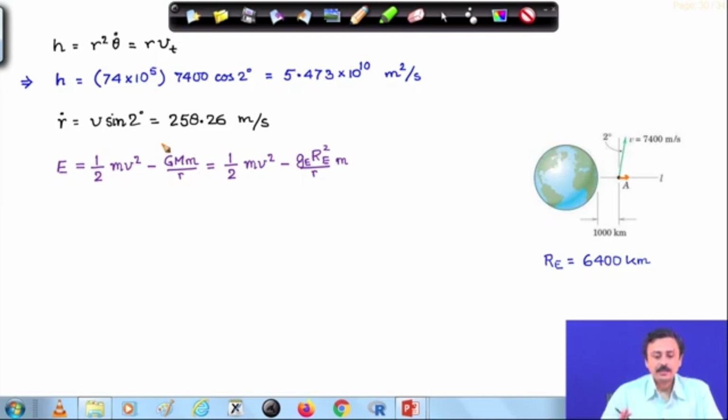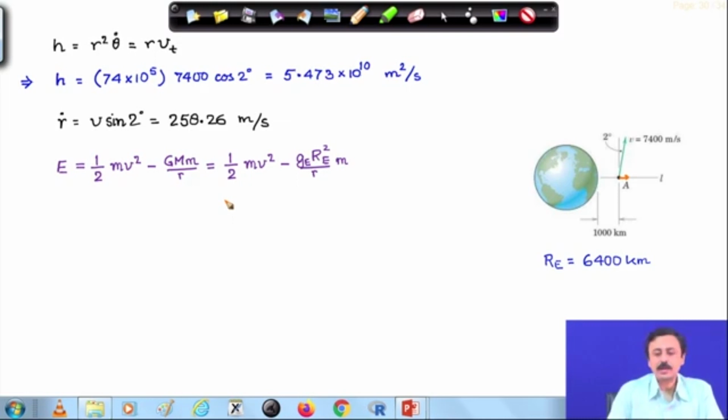Therefore, we have first calculated this constant angular momentum per unit mass h, and we have calculated r dot, and we definitely know v t. We can now substitute in this expression of energy and calculate the eccentricity of the path. For example, we find out the energy. Energy is half m velocity square.